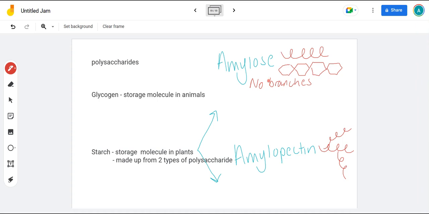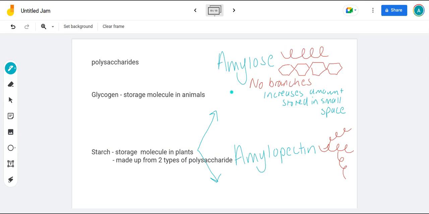This means that it increases the amount that can be stored, so you can store lots in a small space. Okay, so there's no branches.